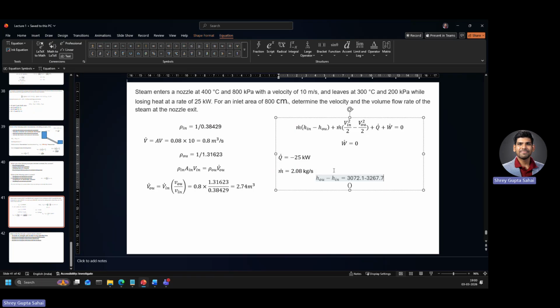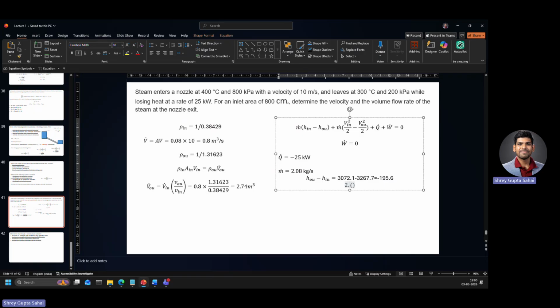So 267.7 minus 72.1 is minus 195.6. Now if I solve, this becomes 2.08 and then there will be a minus sign times 195.6, and then you have 2.08 and then you have v square.